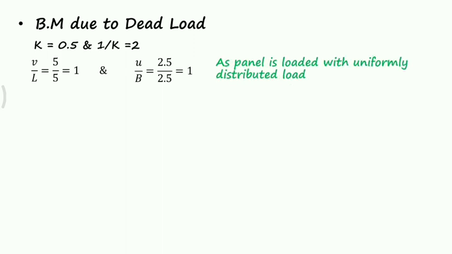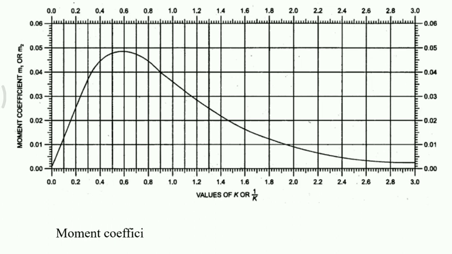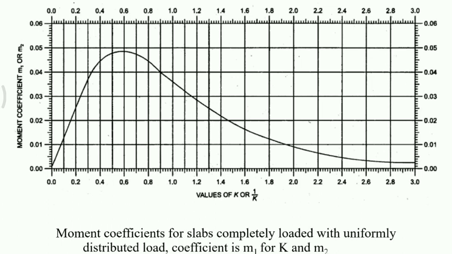As the panel is loaded with uniformly distributed load, U by B and V by L is 1. So referring to Pigeaud's curve, the moment coefficients for slabs completely loaded with uniformly distributed load are M1 for K and M2 for 1 by K. So K value is 0.5.